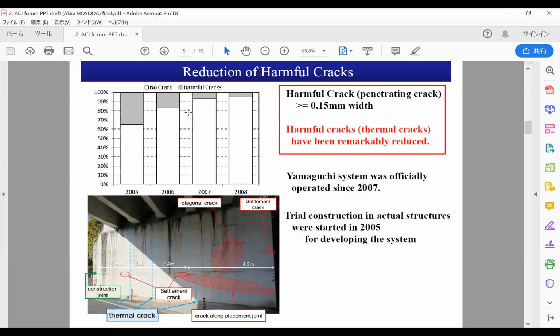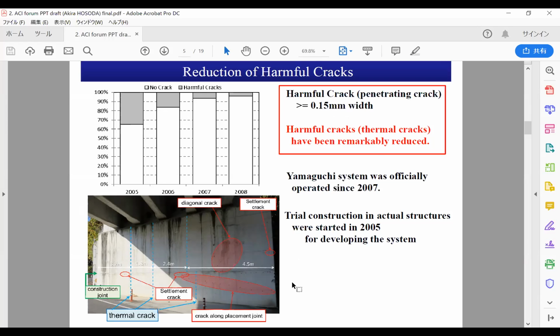Before 2007, for 2 years, they tried to establish a kind of system. You can find that the harmful cracks have been drastically reduced according to their system. The definition of harmful crack in Yamaguchi Prefecture is equal to or larger than 0.15 millimeter.